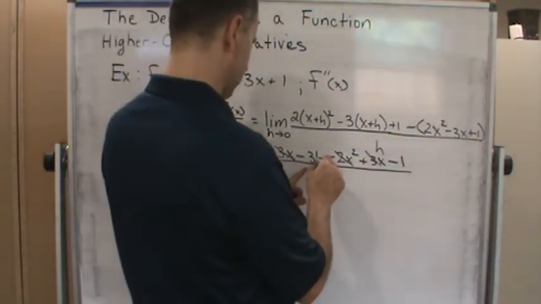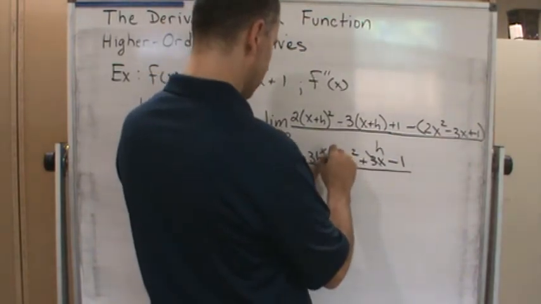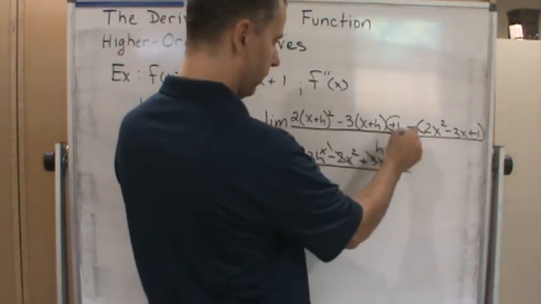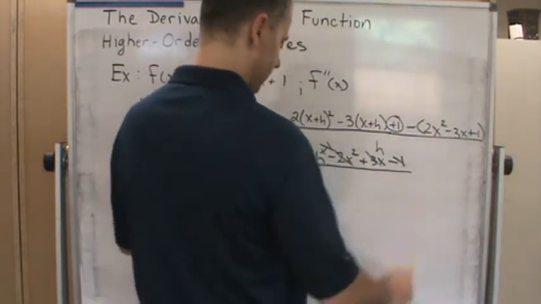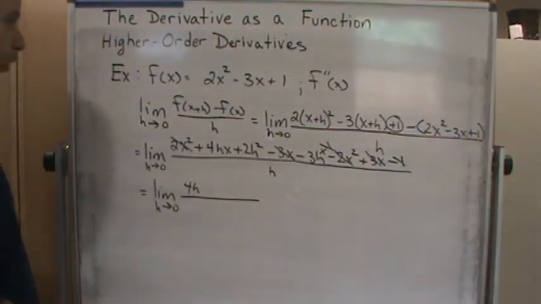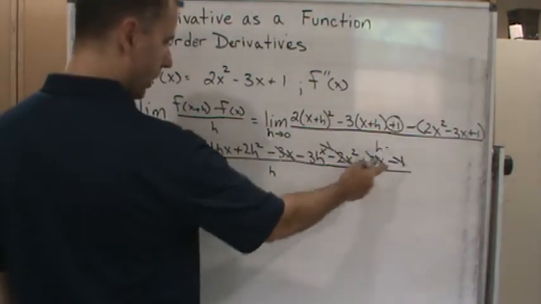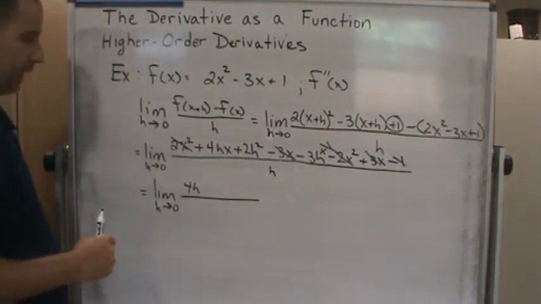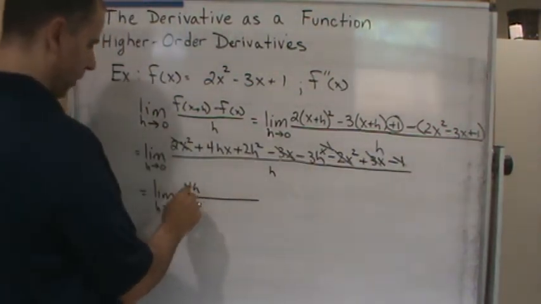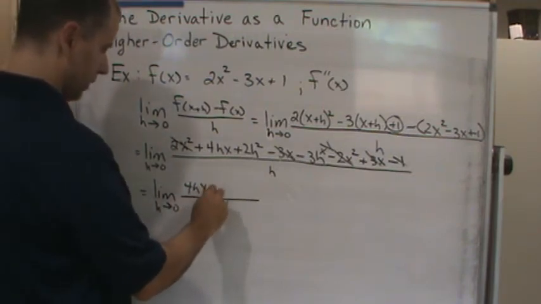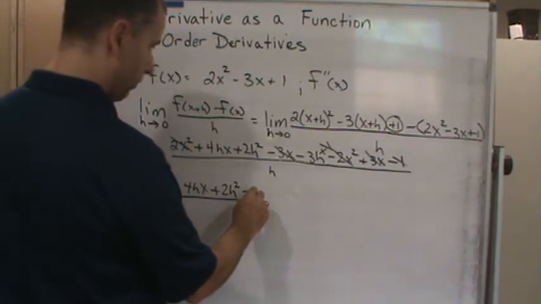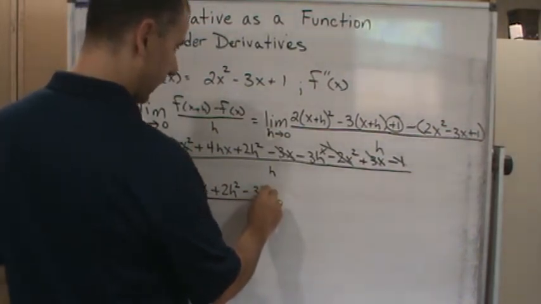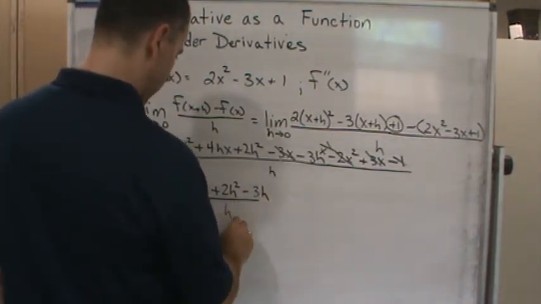I knew that I was going to see something. Minus 3h plus 1. I forgot the 1 here. Okay, so plus 1 minus 1. So those should cancel. I knew something was wrong because I saw that I wasn't going to be able to factor an h out. So I knew I was missing something. So 4hx plus 2h squared minus 3h over h.